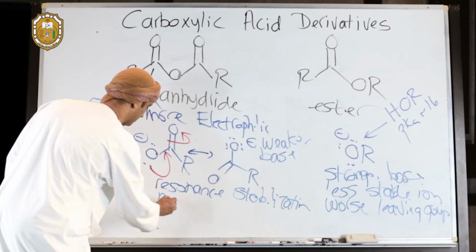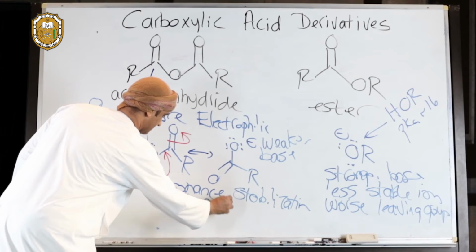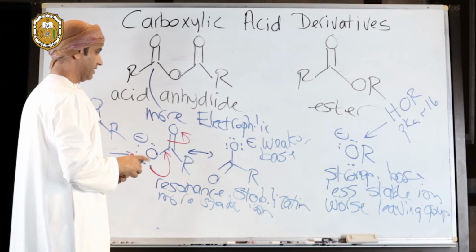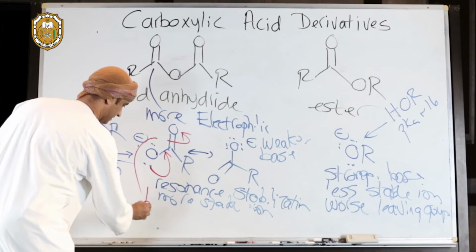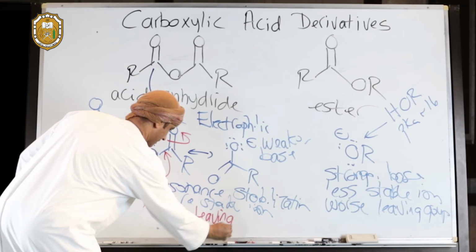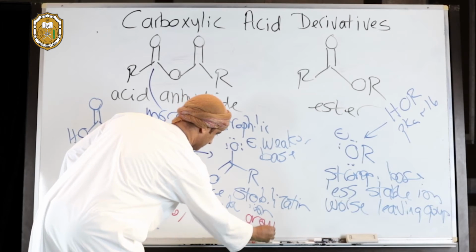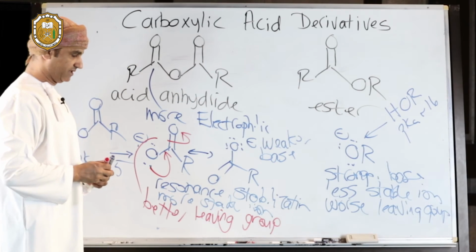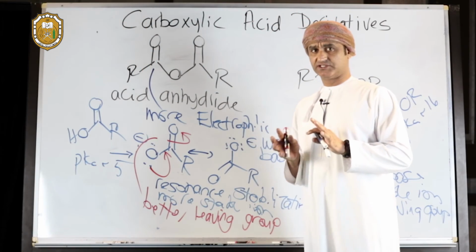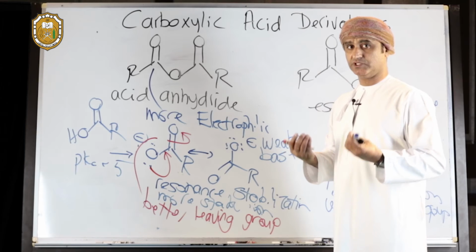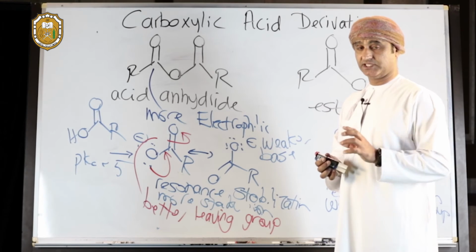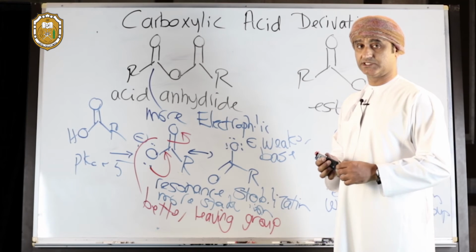So therefore the carboxylate ion is a better leaving group than the alkoxide, something that's not really new to us because we know this from when we talked about acidity of carboxylic acids and also when we talked about acidity of alcohols.